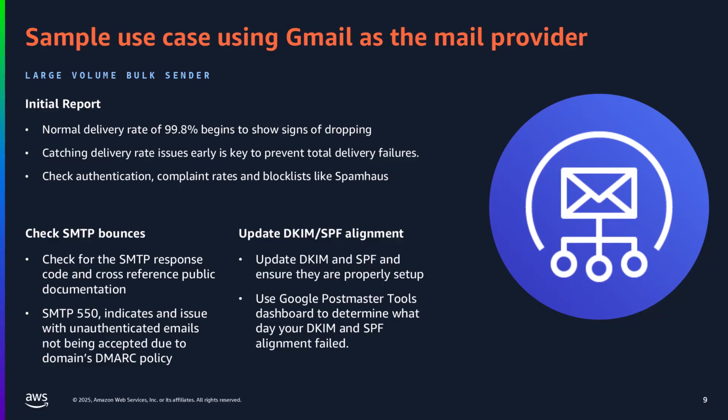This is a simple example of utilizing the information provided by the SMTP responses to fix delivery problems to major mailbox providers. You can also look to see if the authentication has changed within the Google Postmaster Tools dashboard and what day it has changed, so you can review if there were any updates or changes to the domain's DNS records that may have caused this misalignment issue.